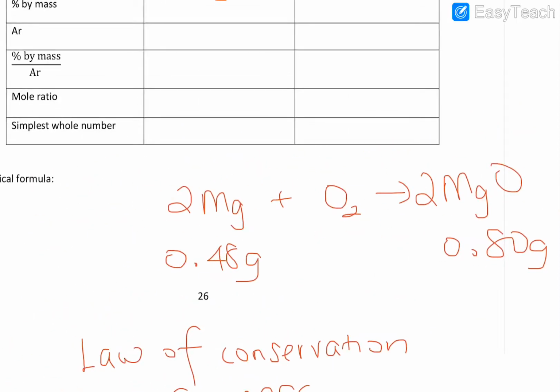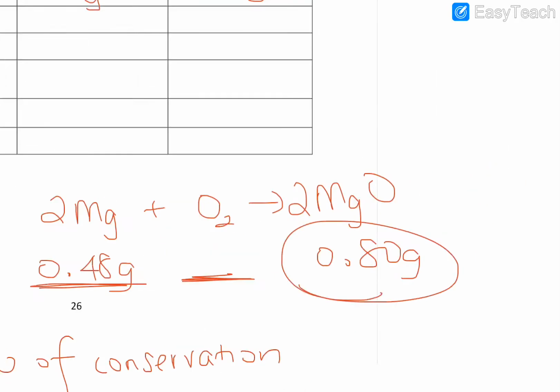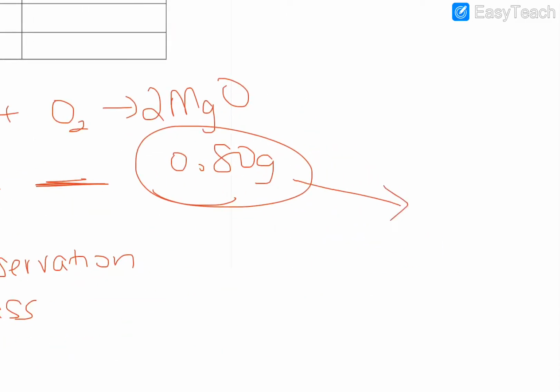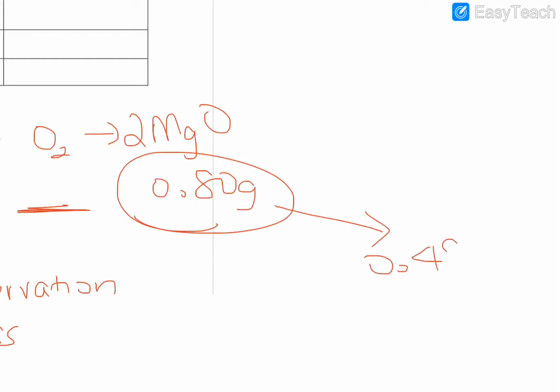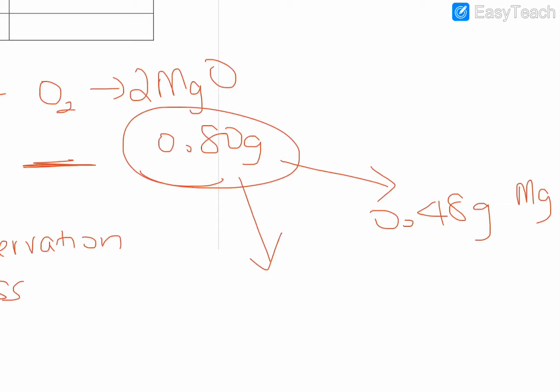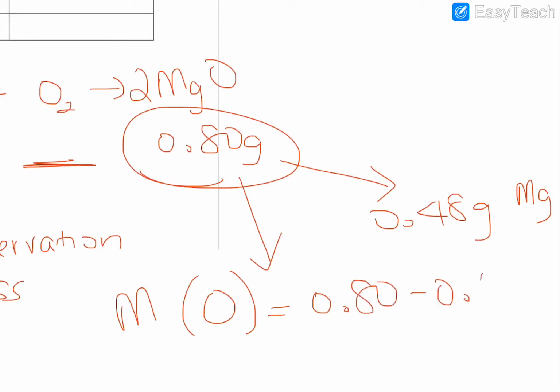So here it means that the mass of the magnesium and the mass of the oxygen used should total this. So we can get the mass of the oxygen used in that reaction. From that 0.8 grams, we know there is 0.48 grams of magnesium. So the mass of oxygen is going to be 0.8 minus 0.48 grams.